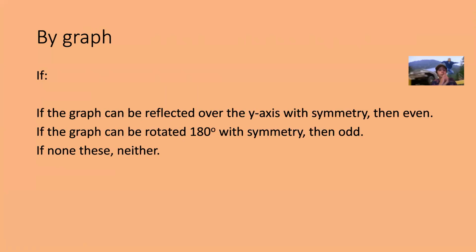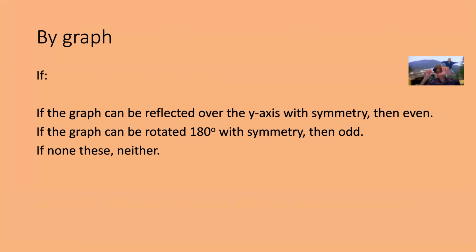If you look at a graph, if it can be reflected over the y-axis, so that's the vertical one, if it's like this or like this, usually the two arrows will point in the same direction if it's even.